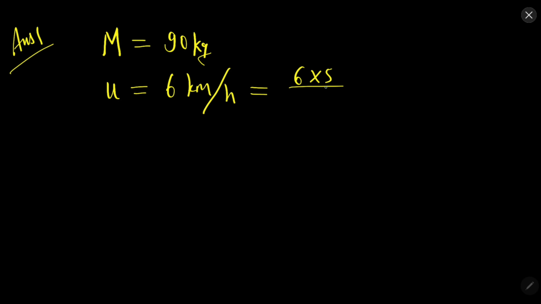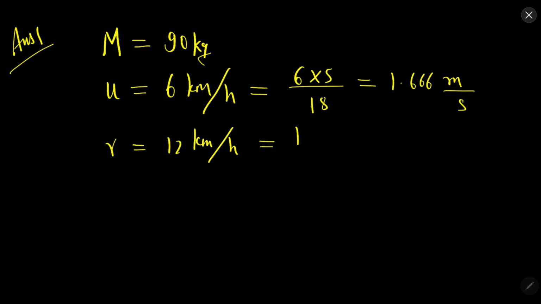Once you convert this, you will obtain 1.66 meter per second, and final velocity is 12 km per hour. Once you solve this, you will get 3.33 meter per second.